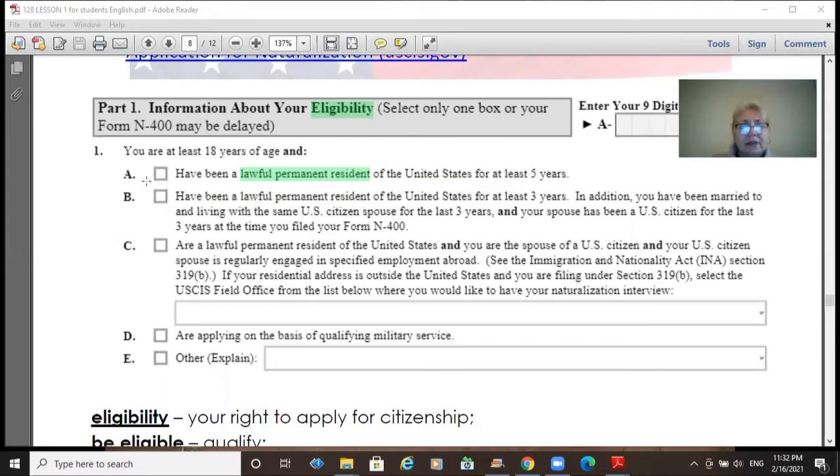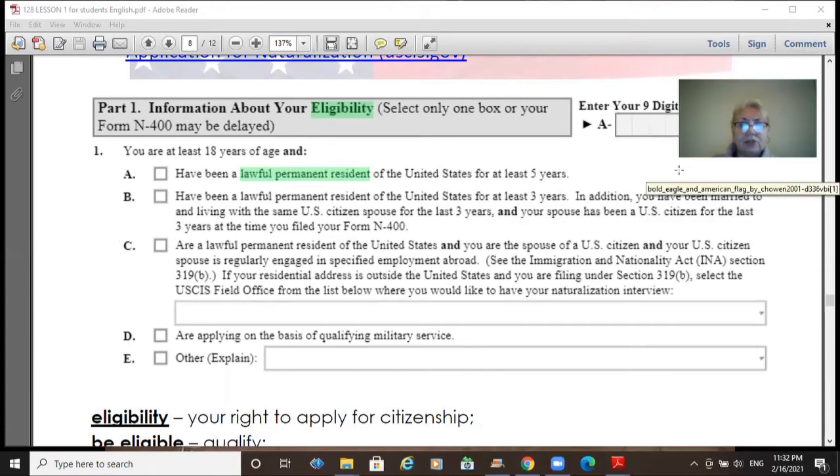Another category of people who are eligible for citizenship are spouses of U.S. citizens. But to be eligible under that category, you need to be a lawful permanent resident of the United States for at least 3 years.